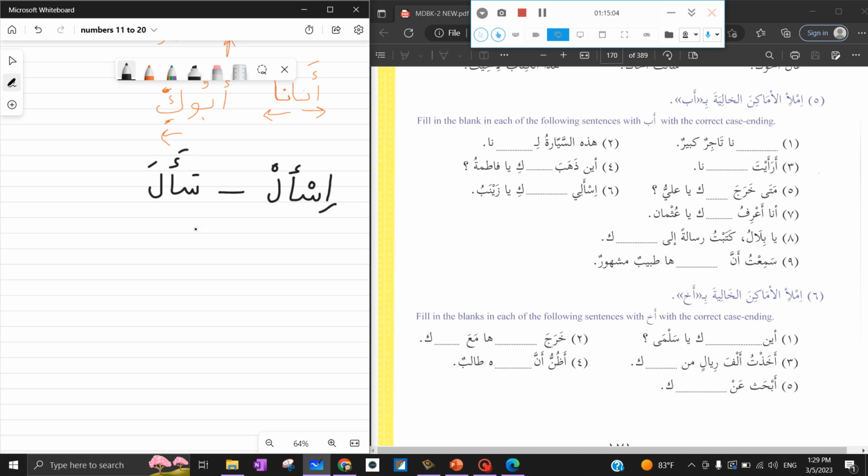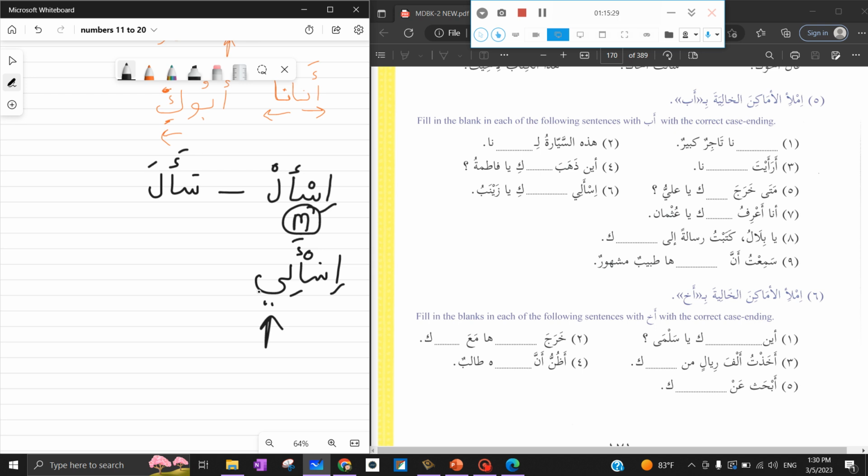From this is'al is made. Now this command is for male. When you command a female, what will you do? Is'a li. You will add a ya. This ya shows that it's a command for feminine. That's why is'ali, and the sukoon will change to kasra. Why?